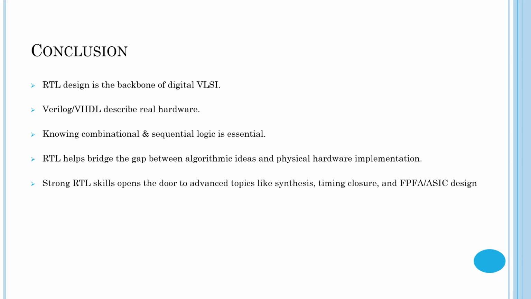That is why understanding the fundamentals of digital electronics, combinational logic, sequential logic, timing, and state machines is absolutely essential. RTL acts as a bridge between algorithm and physical hardware implementation. When we write RTL, it must not only function correctly but must also be synthesizable and efficient in terms of speed, power, and area, which is PPA specification.